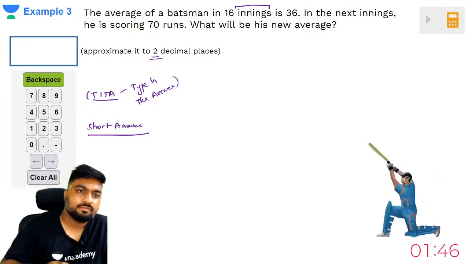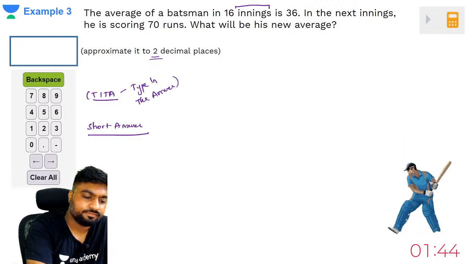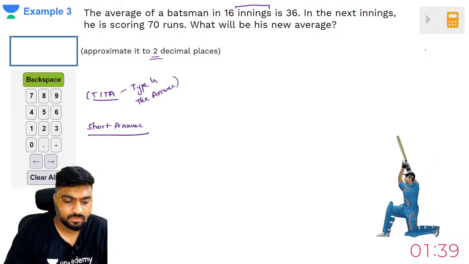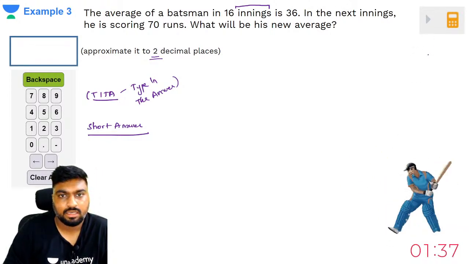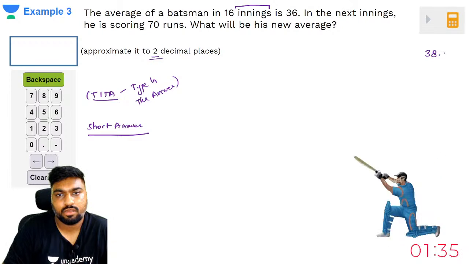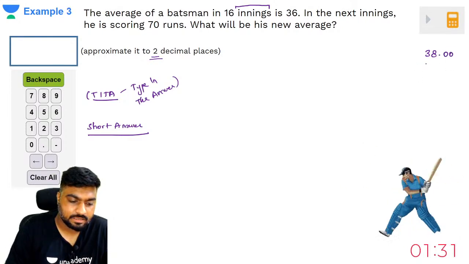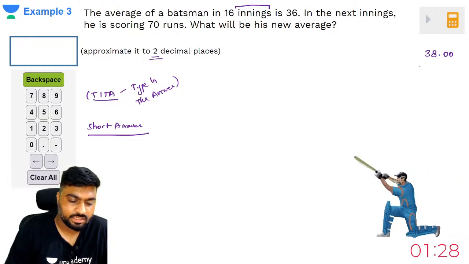Hanji guys, anyone with the answer? 38.00. Saurabh and Aniruddha are saying 38.00. Deepit also says, Sashwat, Gaurav, Shreyashi, very good.